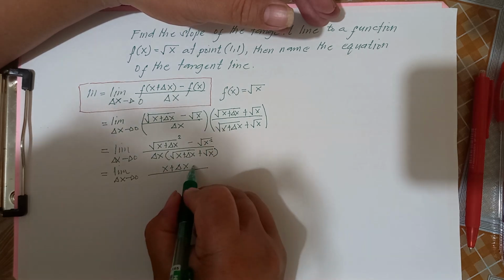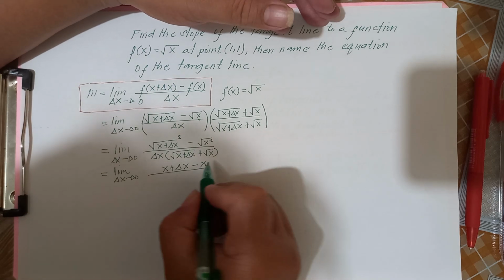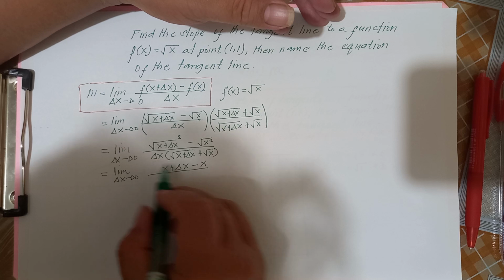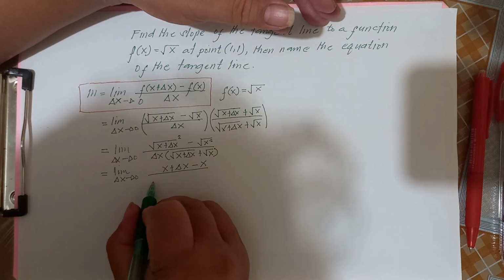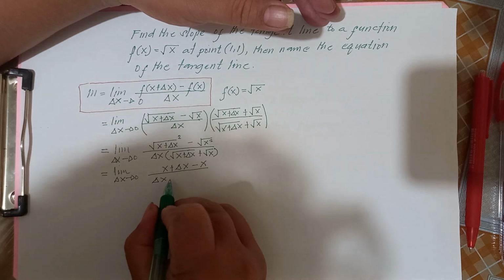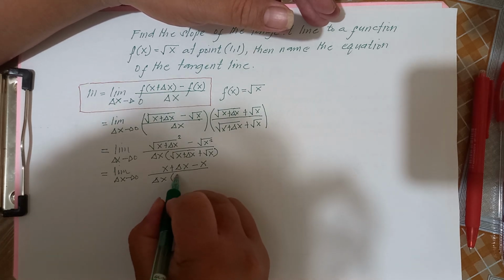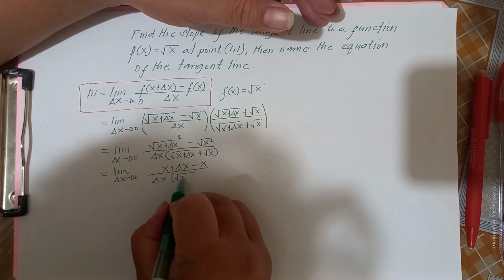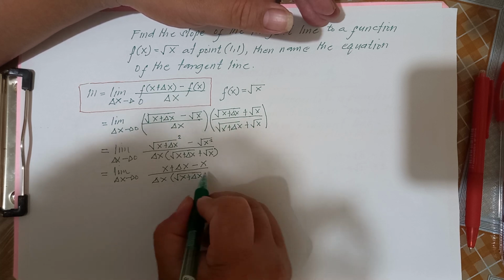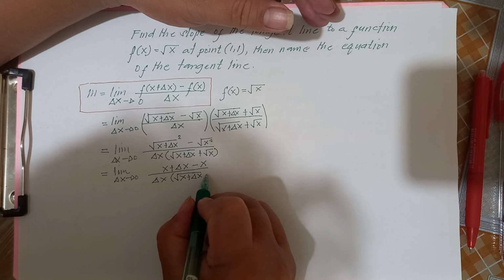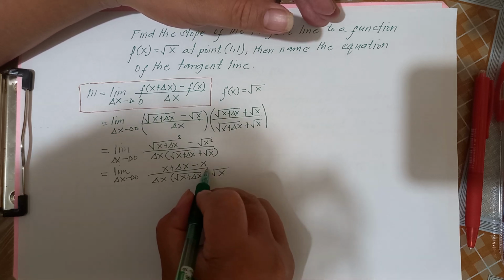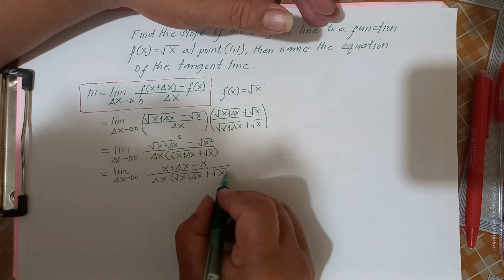What is the square root of this one? Minus x. So what about in here? We'll copy the same. So that is change of x multiplied by the square root of x plus change of x, plus the square root of x.